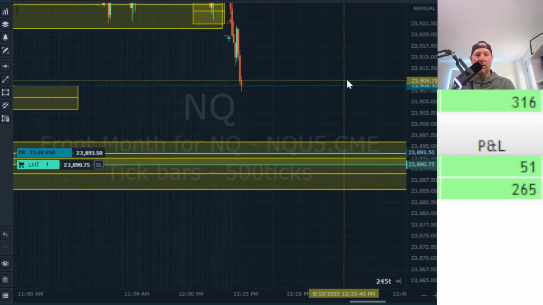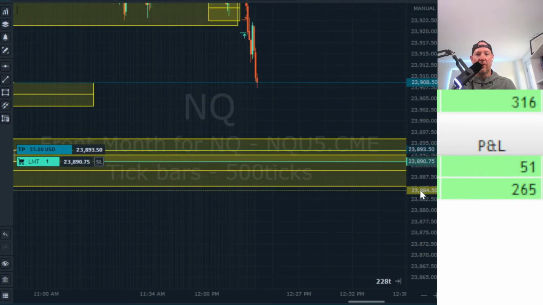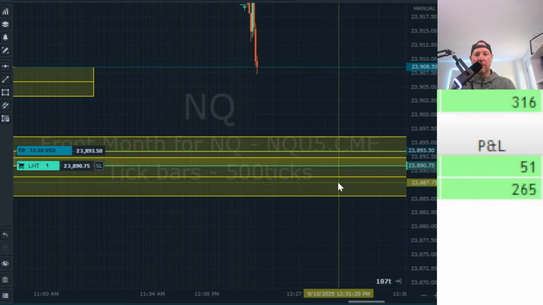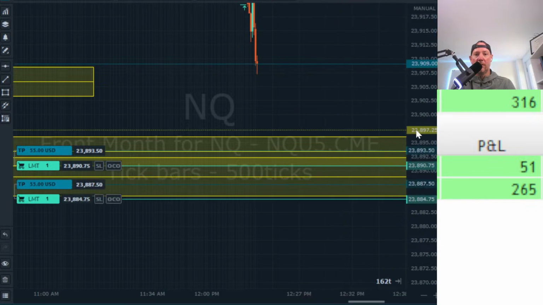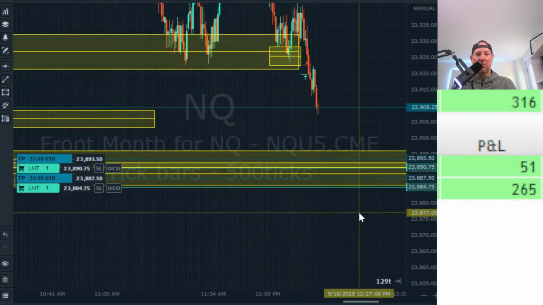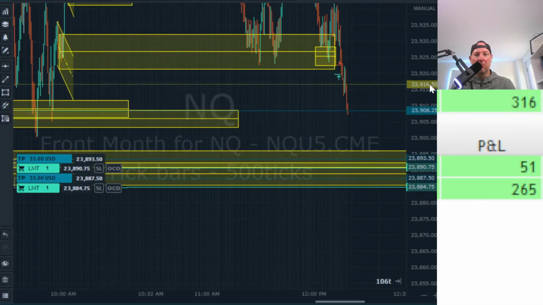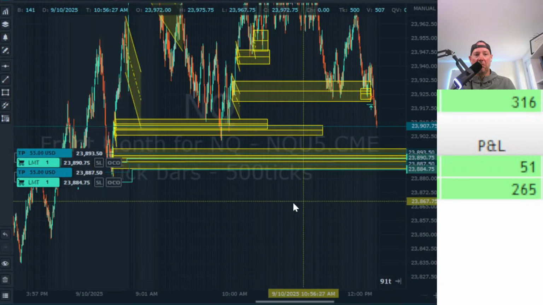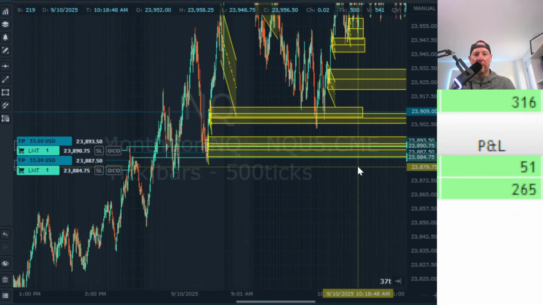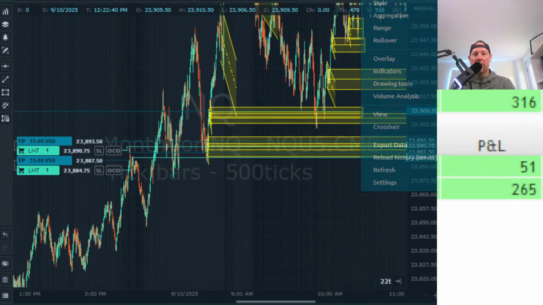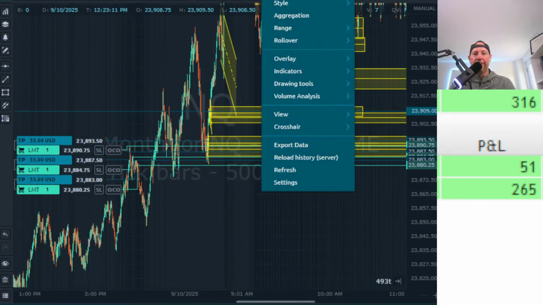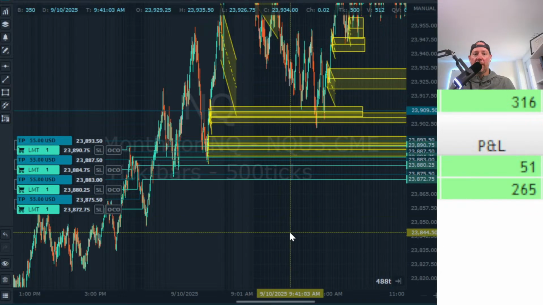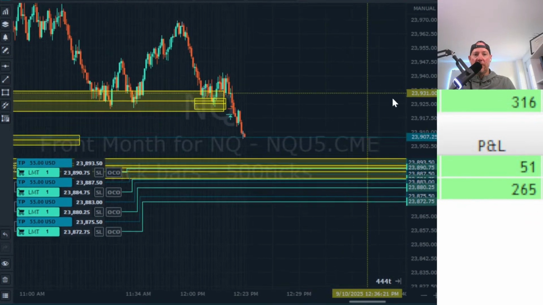I hate catching a falling knife like this. I hate catching a falling knife, but the market is definitely presenting some opportunities here.